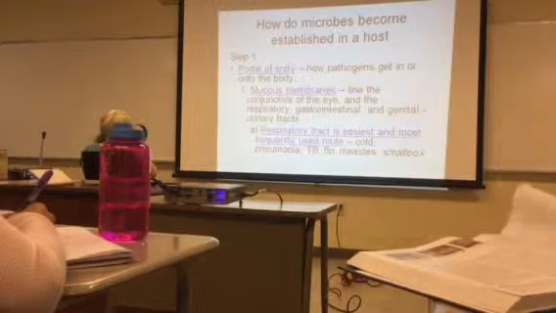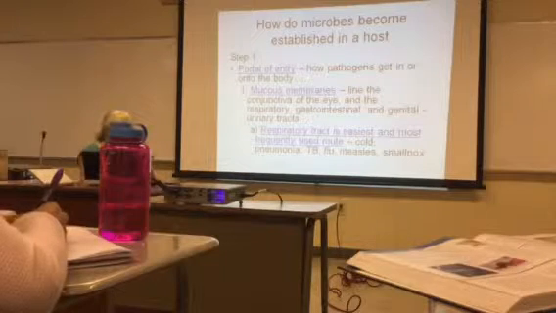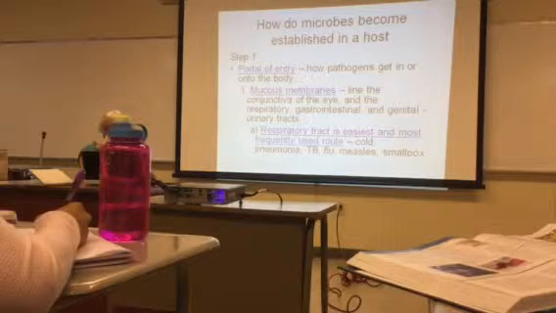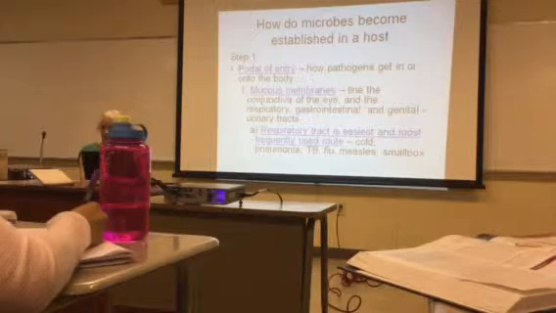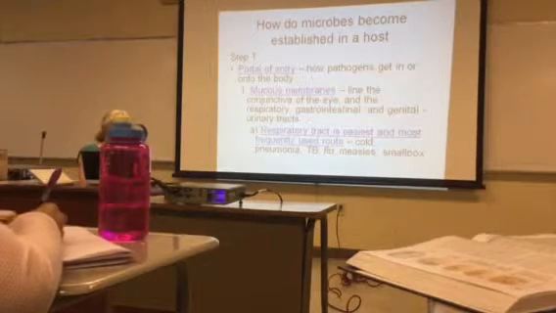Knowing the symptoms of those diseases, you would think that it's going to come in through your respiratory tract. But the measles and smallpox, which show up on your skin, also come in through the respiratory tract.